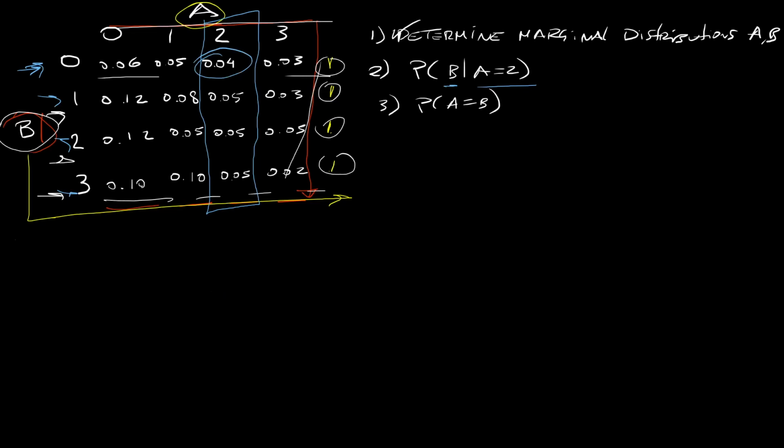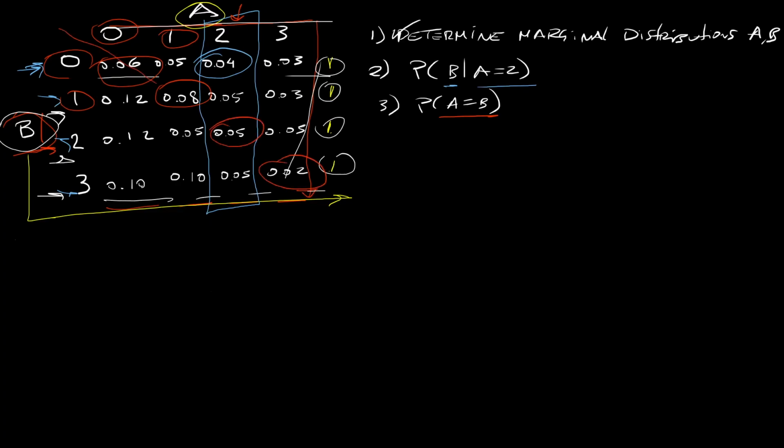For the last problem, we are asked to find the probability of A equals B. This is actually pretty straightforward because when you think about it, it's essentially a diagonal. 0 equals 0, so it's this one. 1 equals 1, it's this one. You do the same thing for each one of those that we are left with, so it's this one and this one.